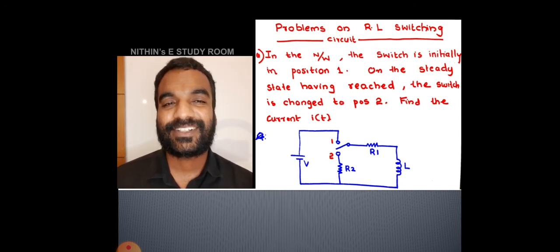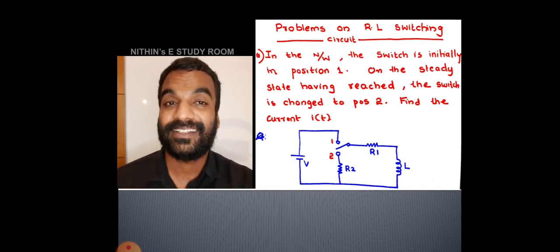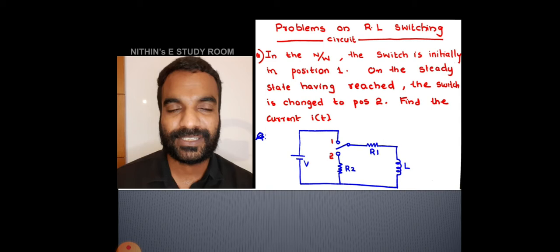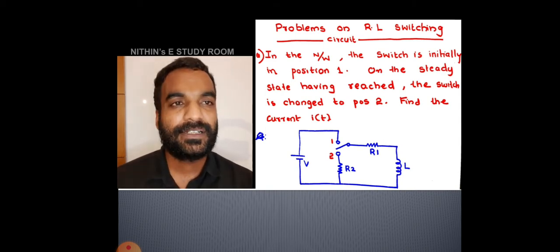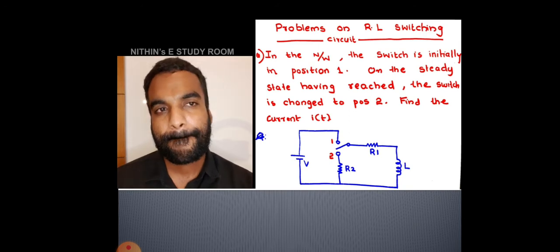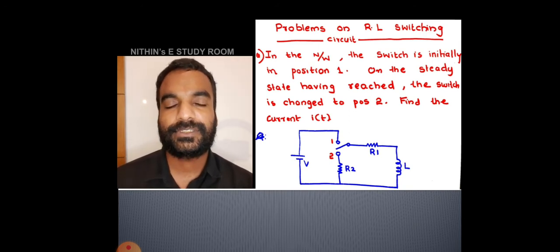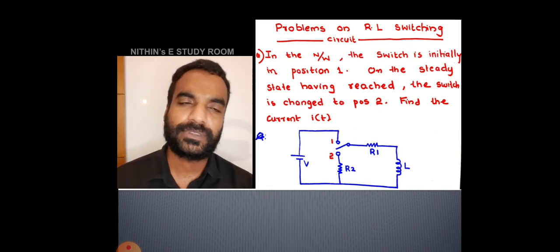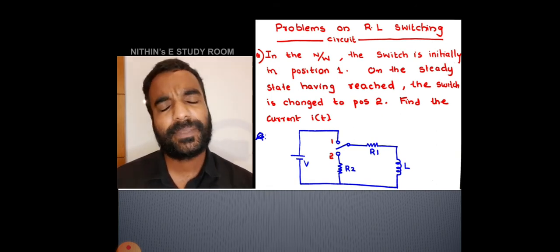So the condition of steady state is very important. That's why I already discussed those slides as the first slide in today's lecture. Find the current i(t). So initially the switch is in position 1, and after attaining steady state in position 1, the switch is moved to position 2. What do you mean by steady state?